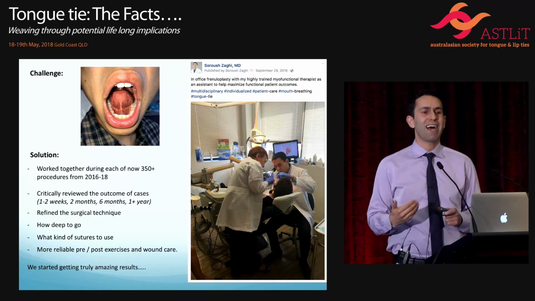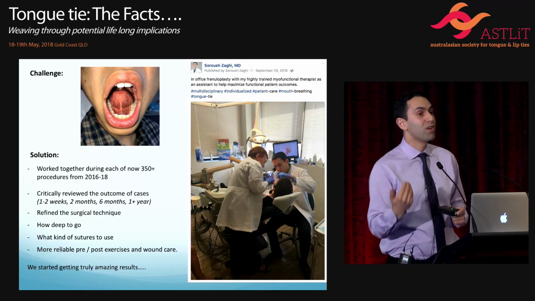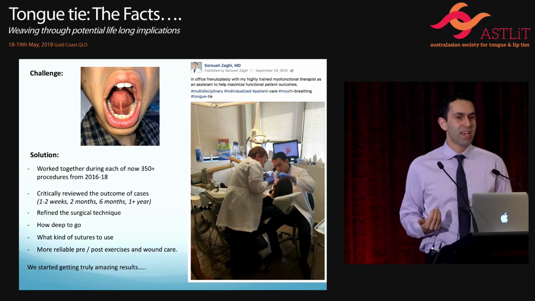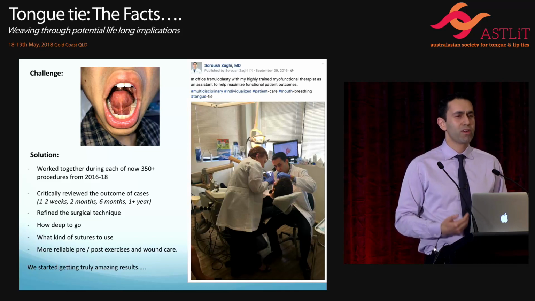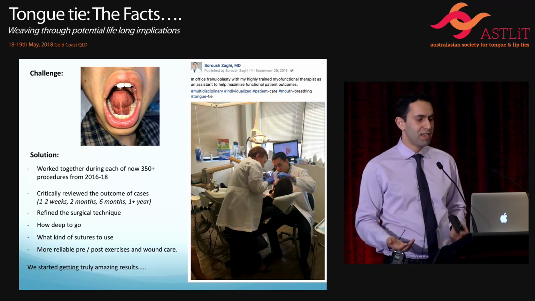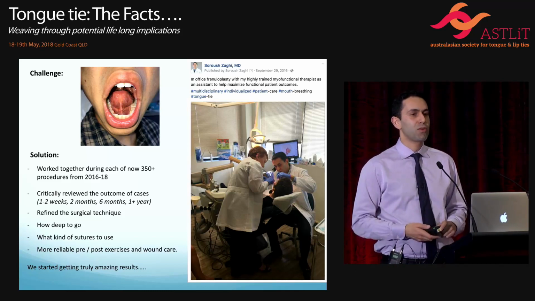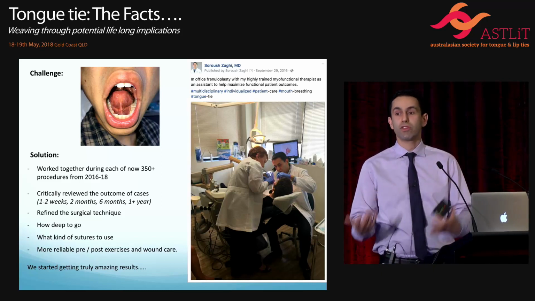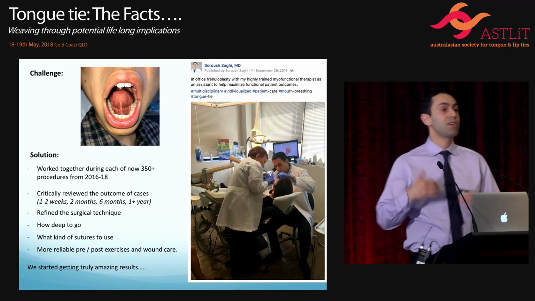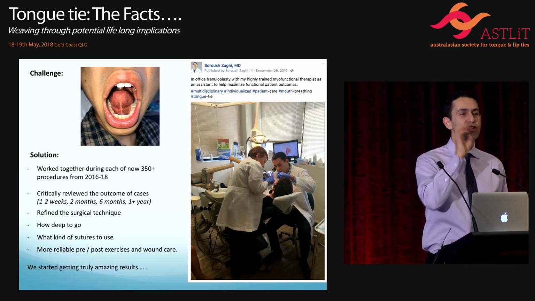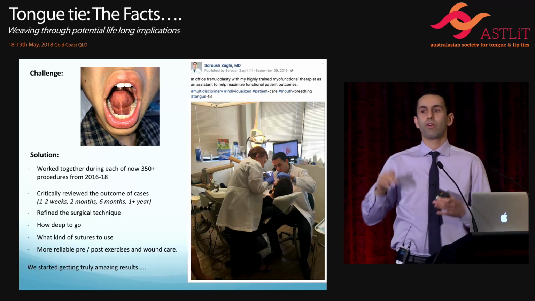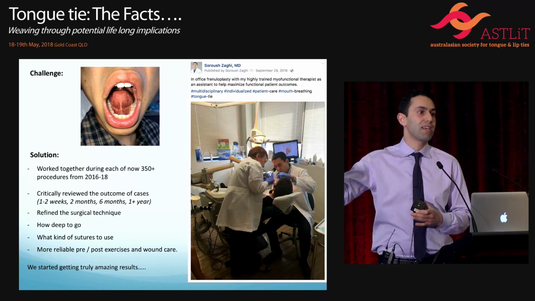We understand how deep we can go, what's too deep, when is it okay, what kind of sutures to use, what happens if you don't use sutures, what are the best kind of wound stretches and exercises. That's the knowledge that we're hoping to share with you and also learn from your experiences as well, so that we can further improve our protocol. Because we really have to understand each and every one of the variables in order to have an optimized, guaranteed result.